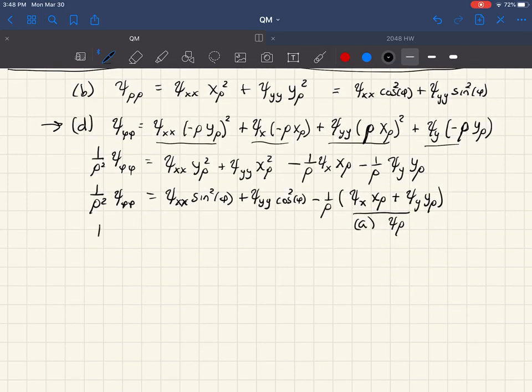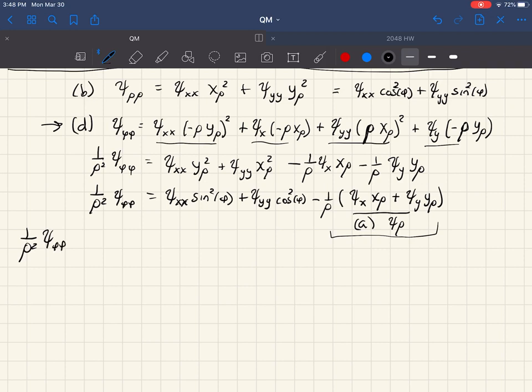So now we have 1 over rho squared, second derivative of psi with respect to phi. And I'm going to bring this whole last factor over to the left.